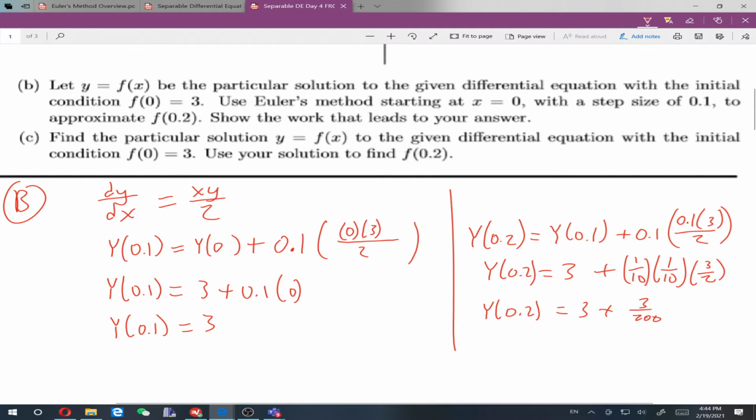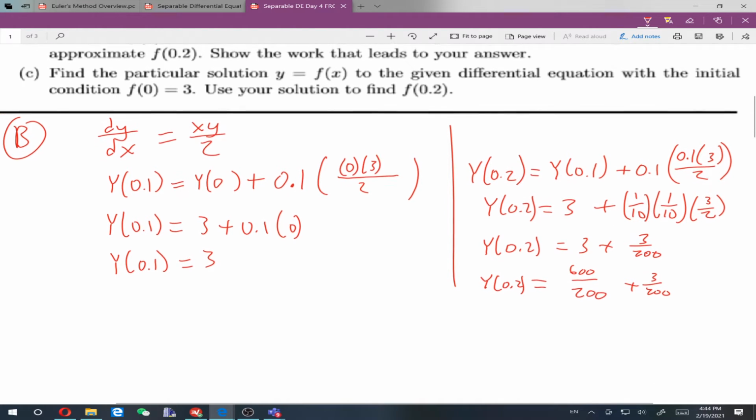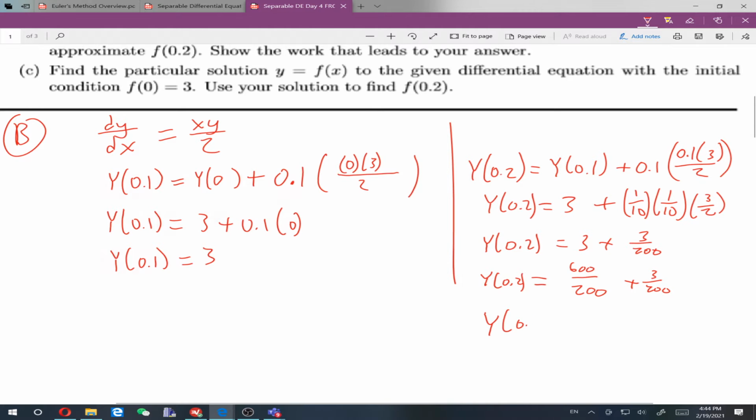If I get a common denominator, what is 3 in terms of 200? 600. So my final answer should be 603 over 200. Perfect.